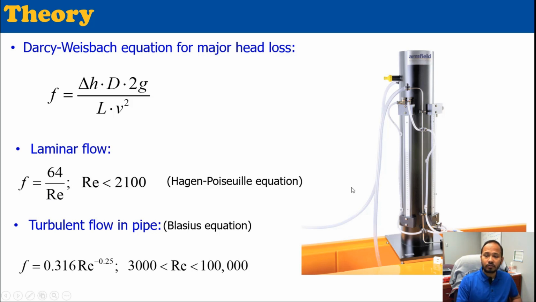And when you're doing the test for turbulent flow, you can use the Blasius equation, and in that case the Reynolds number will be between 3,000 and 100,000, and you can use this formula. So what it means is that to find the friction factor using the empirical equation, we need to find the Reynolds number. This is the one that we're going to find from our test, and these are the values we're going to determine and compare with this value.